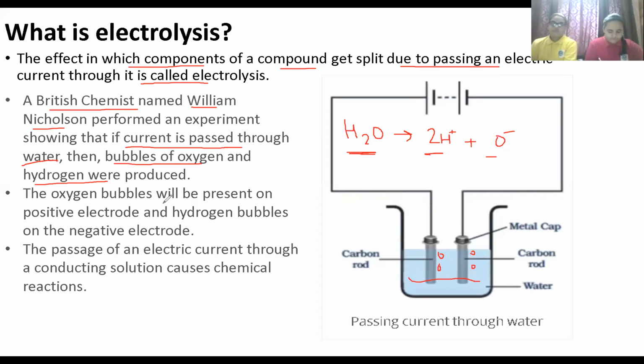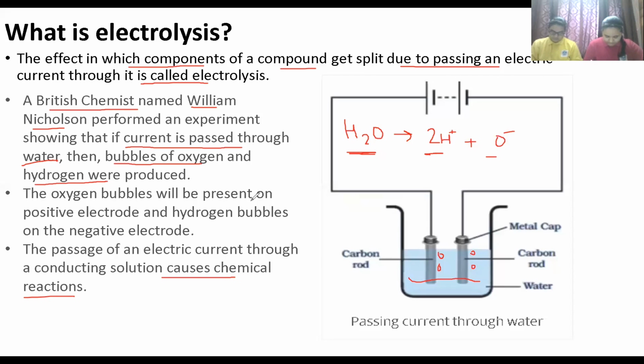But what he discovered from the experiment is that when current is passed through a liquid, the components of the liquid get separated. कि liquid के components separate हो सकते हैं, and this was because of the chemical reaction taking place. So he concluded about the chemical effect of current.